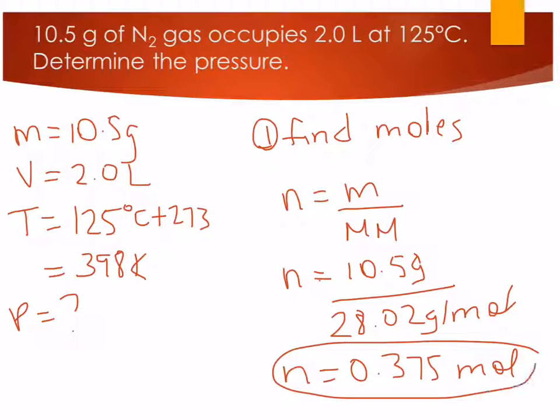Now we have moles, temperature, and volume, so we want to use the PV equals nRT formula. If we're looking for pressure, we're going to divide both sides by V to isolate our P. And then we can go ahead and put our information in.